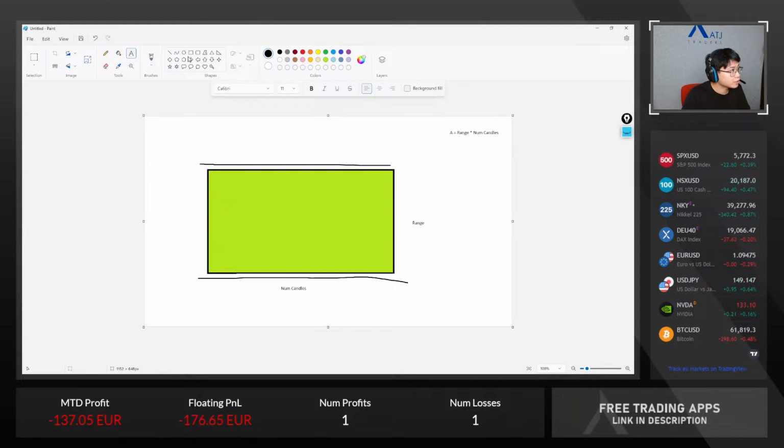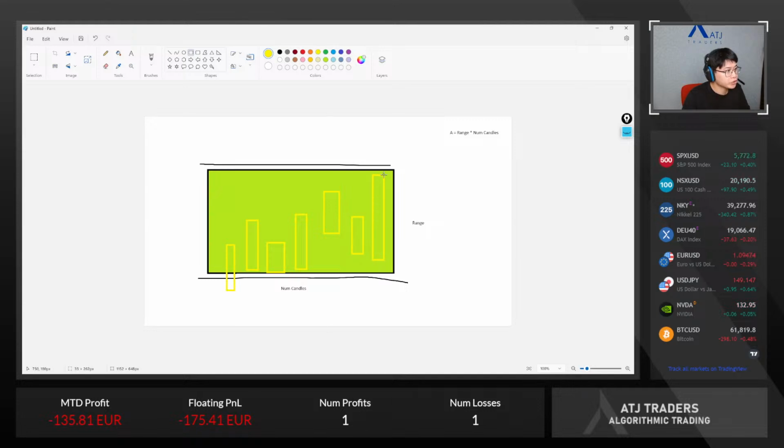And the density of the candle is like if we draw some little candles, right? So these are like candlesticks inside that range. So it's basically how much they're occupying that thing, including the wicks.